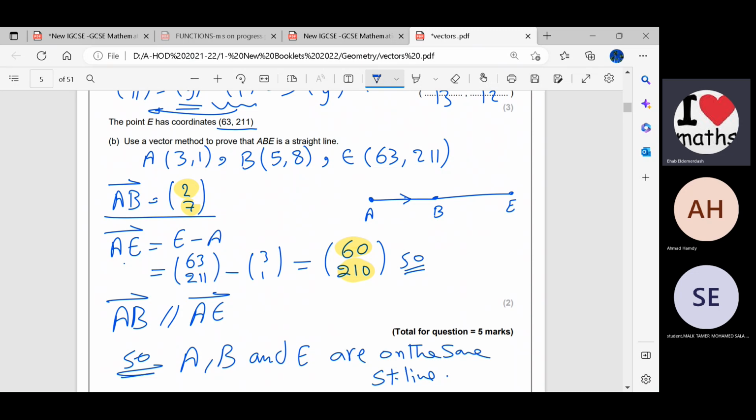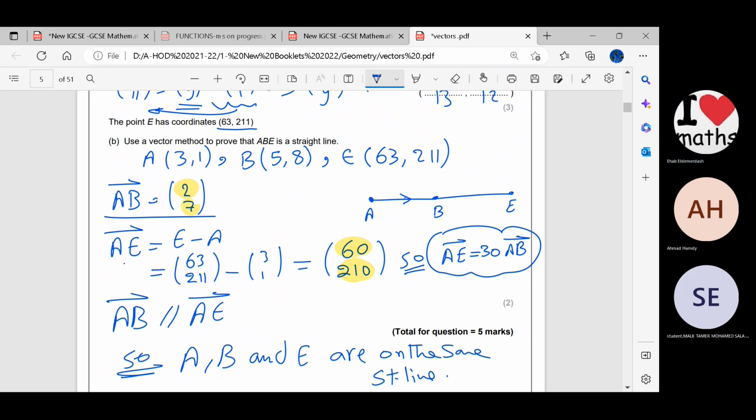I can say that AE vector equals 30 of AB vector. Once you get AE equal to 30 of AB, خلاص يبقى ده معناه ان الاثنين parallel. اتفقنا؟ وده معناه بالمناسبة كمان you can understand something from this one. AE is equal to 30 of AB.